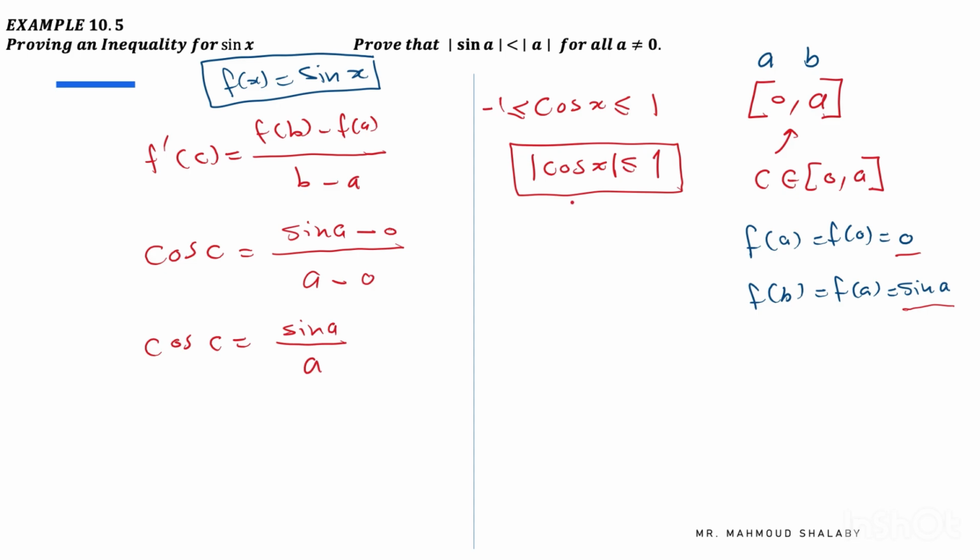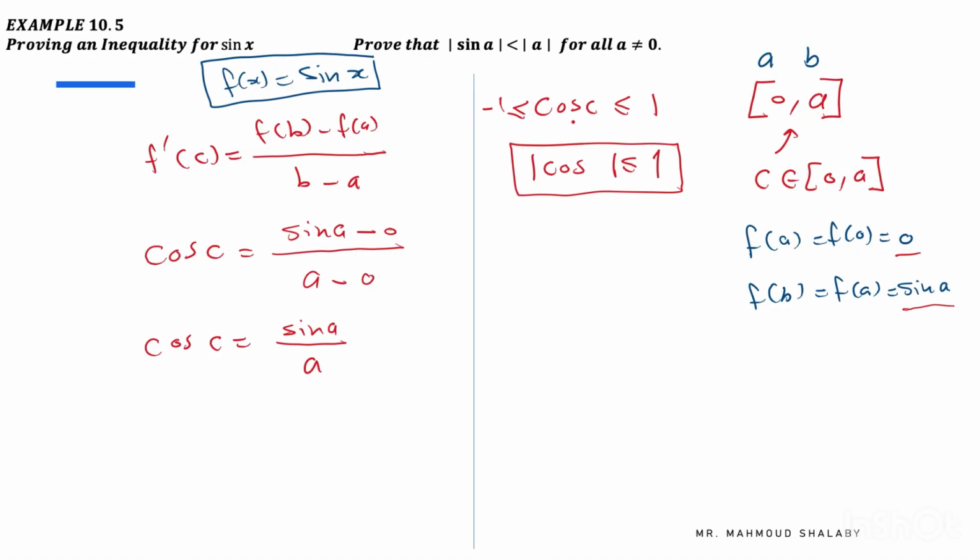Now I will replace by the information that I have. I know that cosine C equals sine A over A, so I will use C instead of X because it works for all the values.